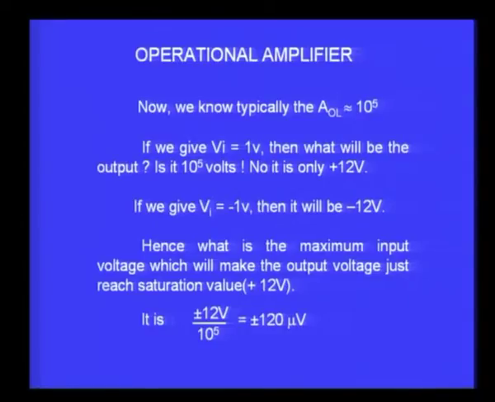You can never get that, because the output voltage can never be greater than the power supply voltage, and the power supply voltage is only plus 12 volts or minus 12 volts, because it is a dual supply. Therefore, by the simple formula Vo is equal to AOL times Vi, when it exceeds 12 volts, it will saturate at 12 volts.